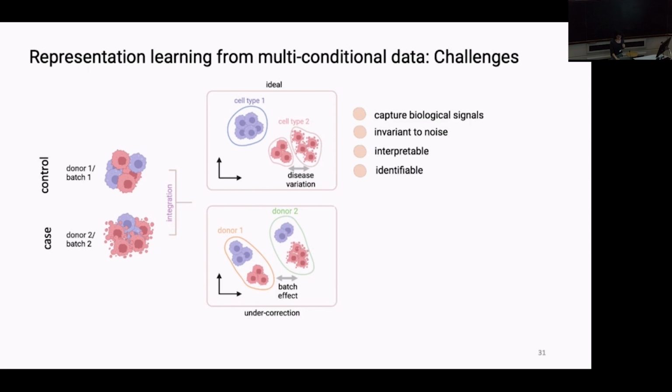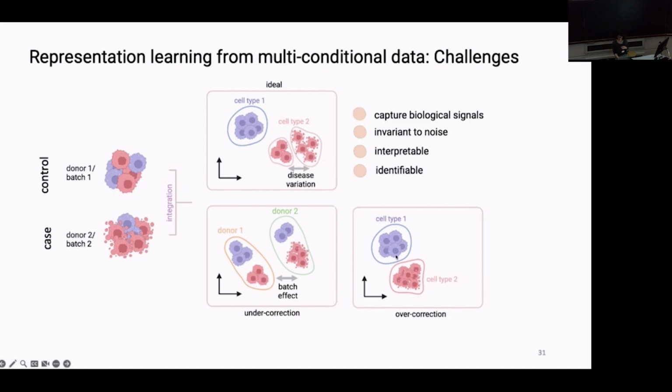So in this case, they are undercorrected. Another very common scenario is that these methods might remove the noise but overcorrect for it. The similar cells are grouped together, but the disease and the healthy cells are also grouped together, because the method could not really separate and learn the disease variation between them.